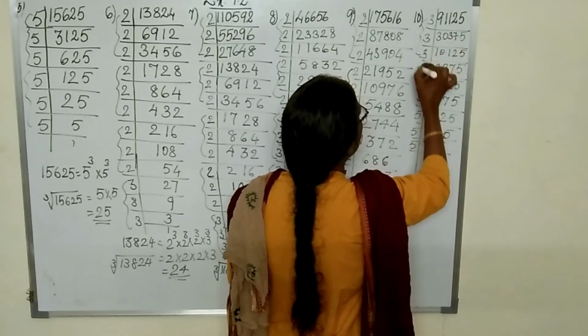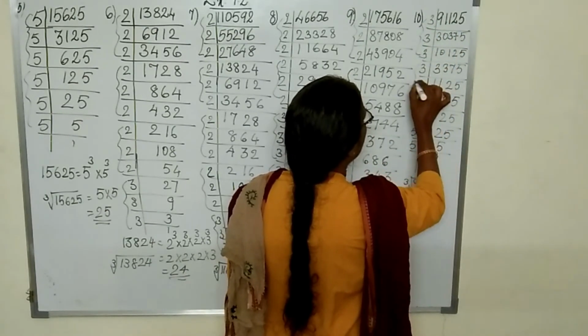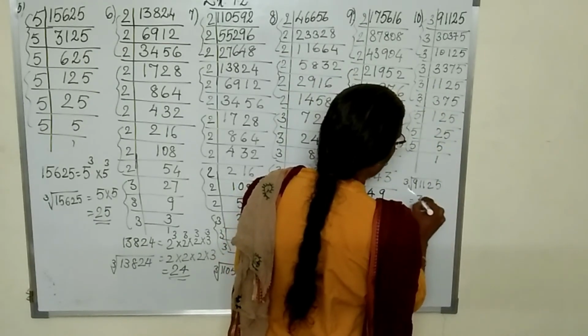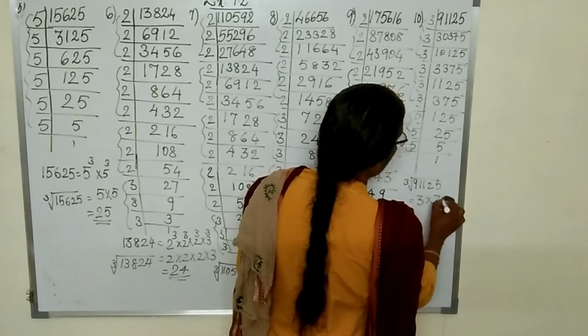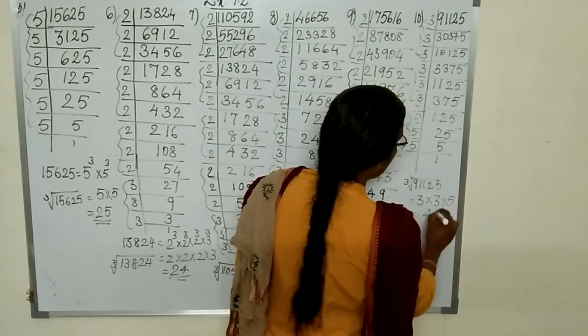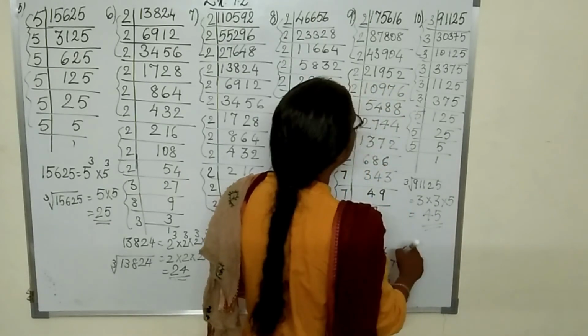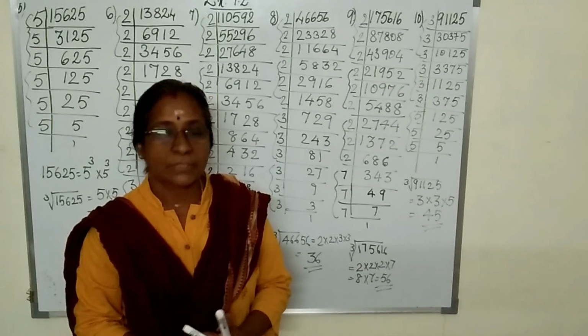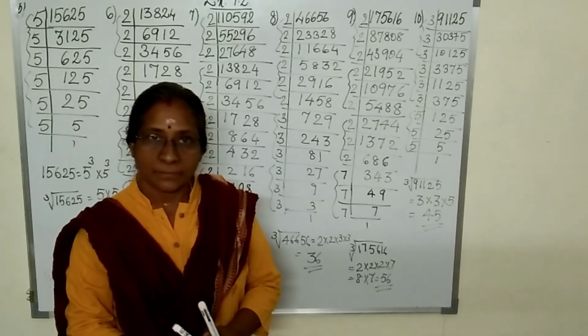From here take 1, 3. 1, 2, 3. From here 1, 3 and from here 1, 5. That is 3 multiplied by 3 multiplied by 5. 3 3s are 9. 9 5s are 45. With this, the question gets over. Thank you.